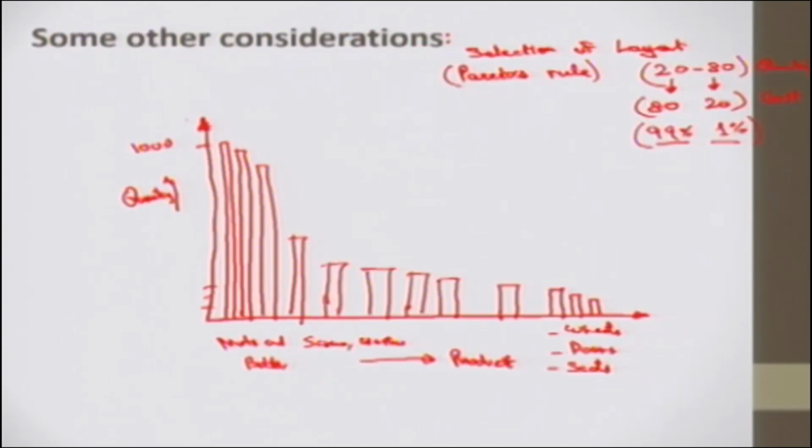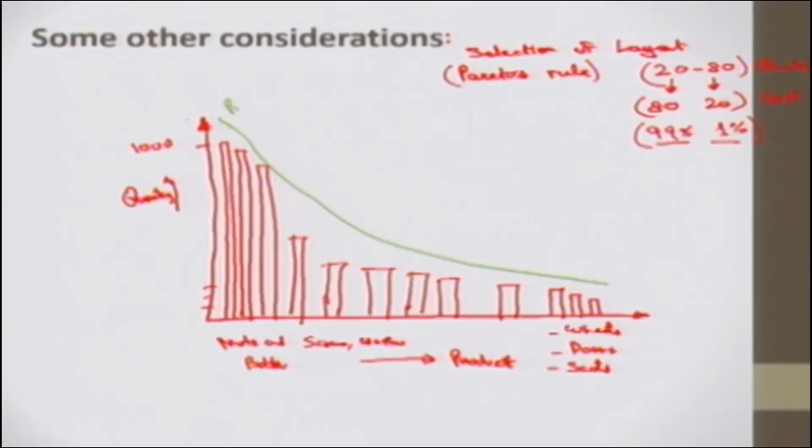A general rule is that for a larger number of components, which kind of layout would you suggest for these high quantity products, high quantity components? I think you are making the right guess. We'll have a product layout here, and here, because the number of products is less, we will have a process layout.